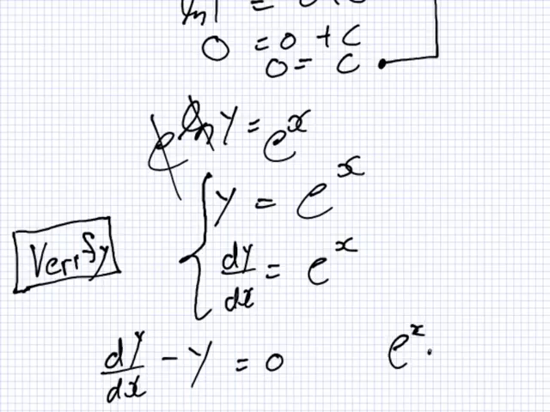And what's y? e^x. So does e^x minus e^x equal 0? It does. So you can verify, you can check the answer if you like, that e^x is the function y that makes this equation equal to 0.